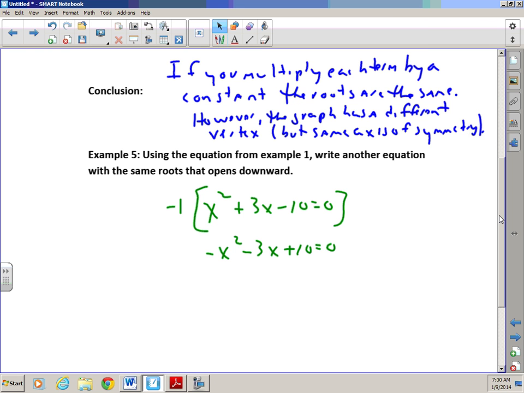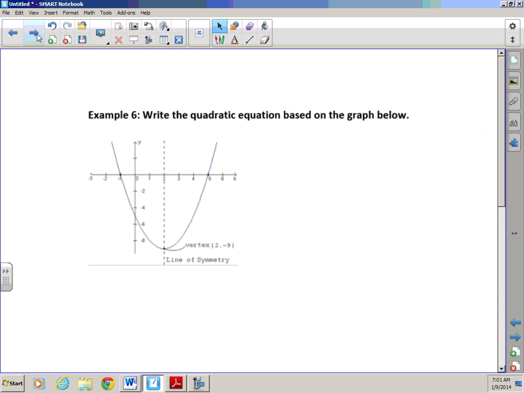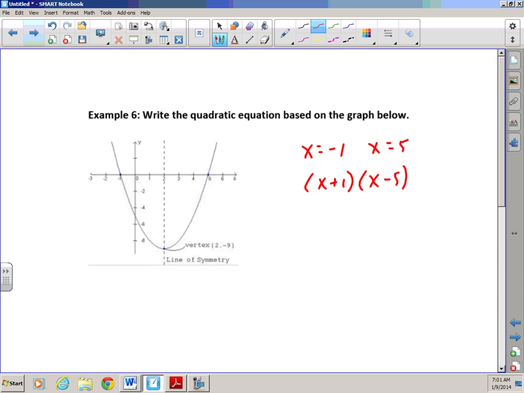Okay? All right. Now, just to shift things a little bit, I want to write the equation of this parabola. So first thing is you should see your roots are x equals -1 and x equals 5. So I'm going to FOIL this out and get x squared minus 4x minus 5 equals 0.